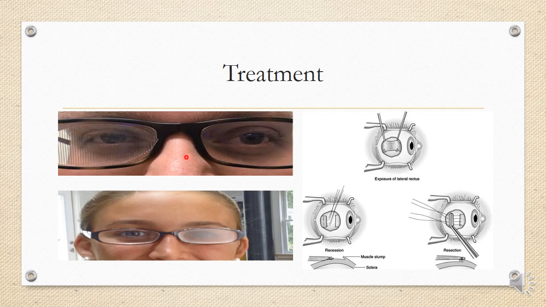Or you can patch the eye with the help of duct tape or a contact lens, or you can use a resect procedure as surgical treatment. What you do is tighten the medial rectus or loosen the lateral rectus of the affected eye to keep the eye in a primary position.